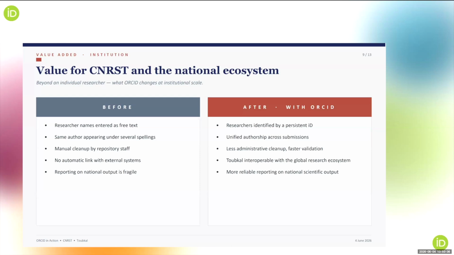Now, with ORCID integration, researchers are identified by a persistent ID. There is unified authorship across submissions, so there is less administrative cleanup and faster validation. And now TopCal is interoperable with the global research ecosystem, and we can expect more reliable reporting on national scientific outputs.